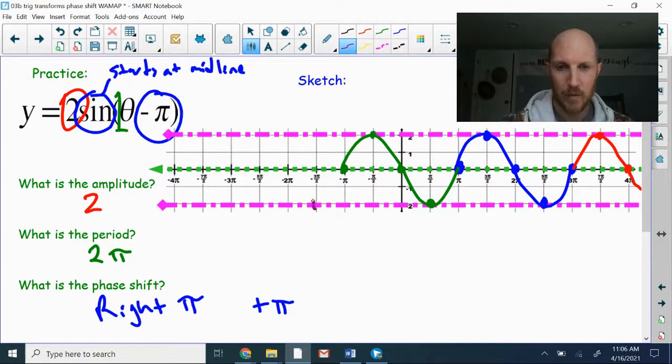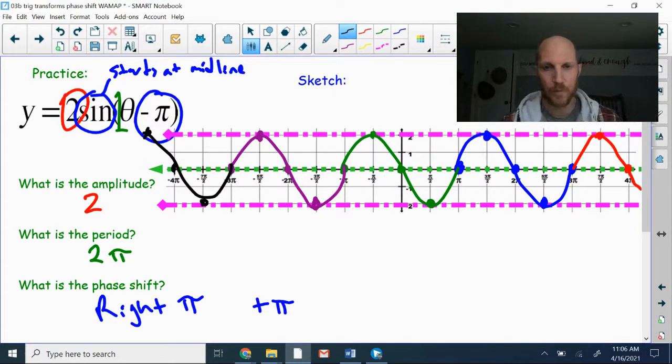Before that, minimum, midline, maximum, midline. I didn't get about that much of it. Okay, so there's what my graph should look like.